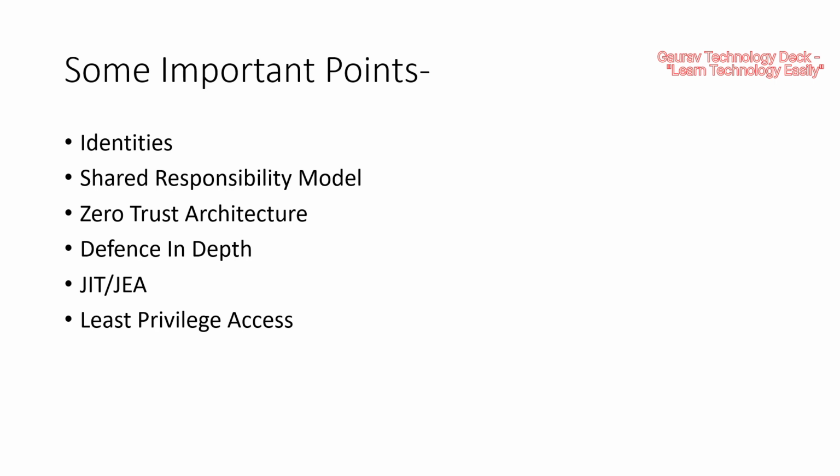Let's suppose user A is working on certain projects, and for that project user A needs a security administrator role, not on a permanent basis but for a time period, let's say for 1 day or 2 days. Okay, let's say for 15 days, and every 15 days that user needs that particular access.